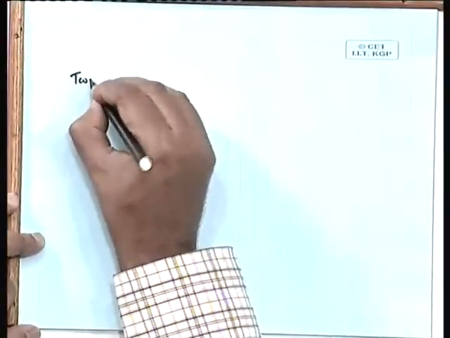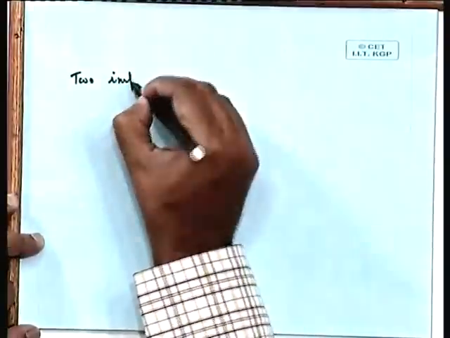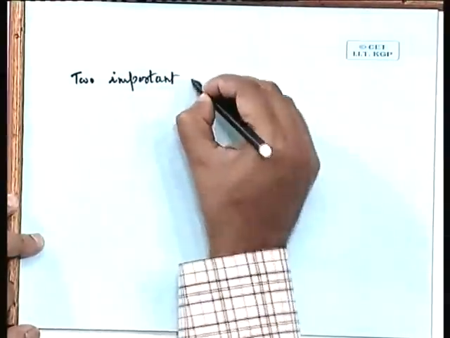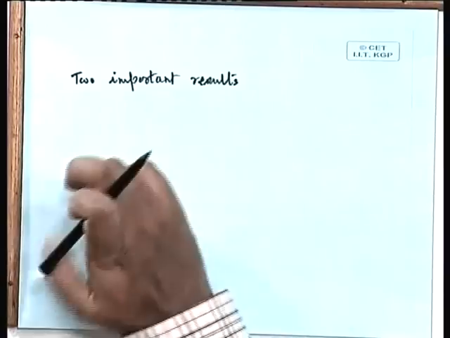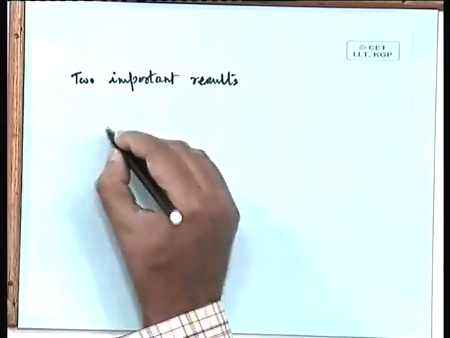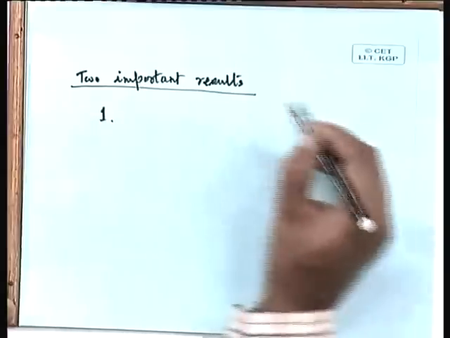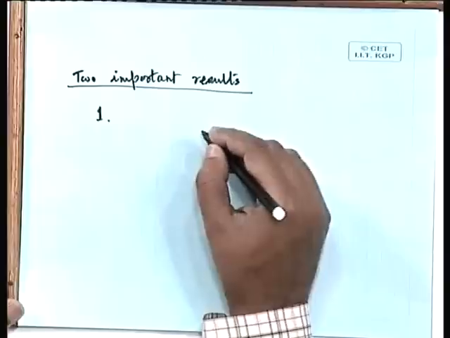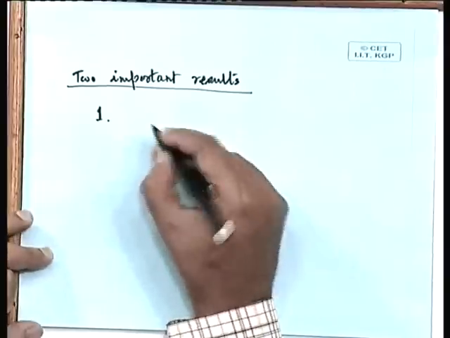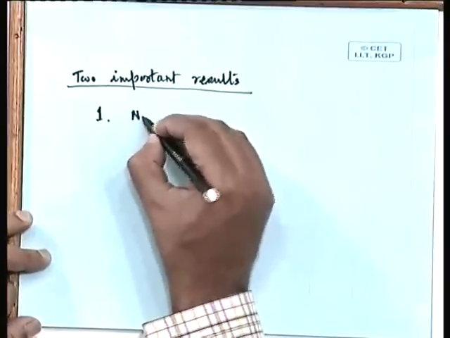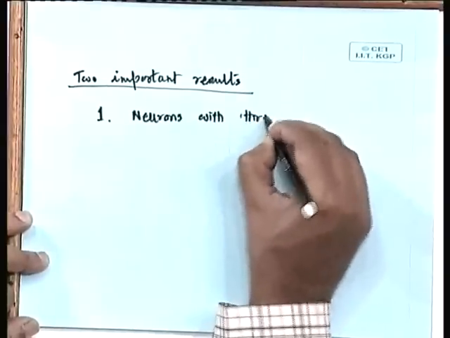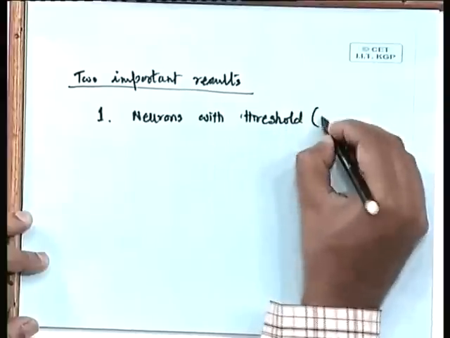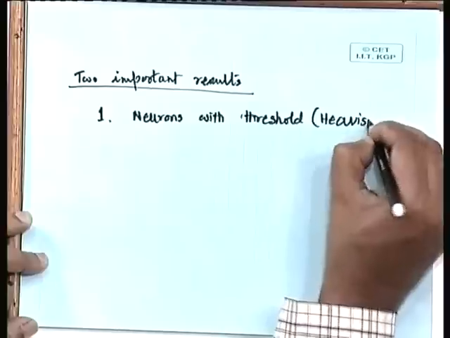In this case, let me cite two very important results which have been reported by researchers in the literature. The first is related to neurons with threshold activation functions. Threshold activation we also describe as the Heaviside function.